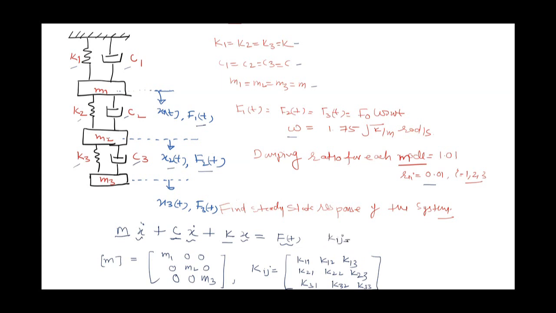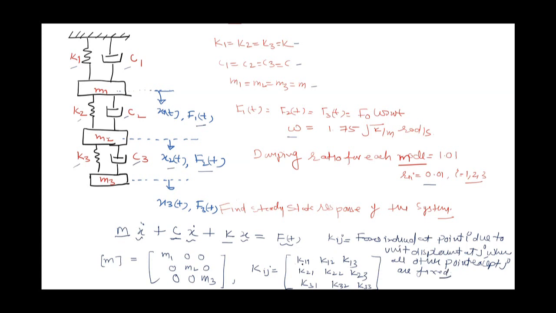So as we discussed, Kij means the force induced at point i due to unit displacement at point j when all other points except j are fixed.